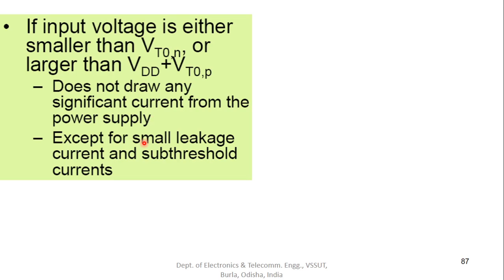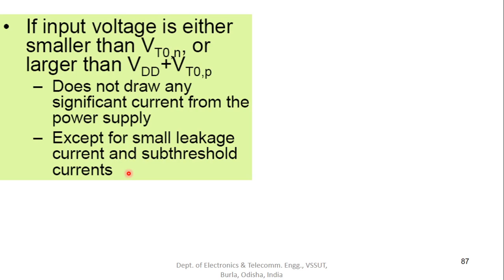But there is an exception: small leakage currents and threshold currents are still flowing. These are very small in magnitude, but they become significant when we scale the devices down to very small sizes, from micrometers to nanometers.